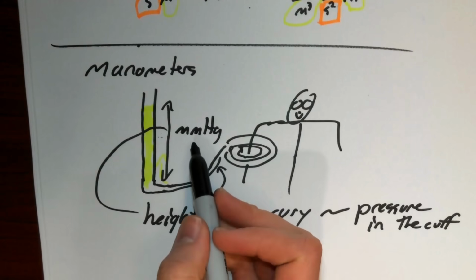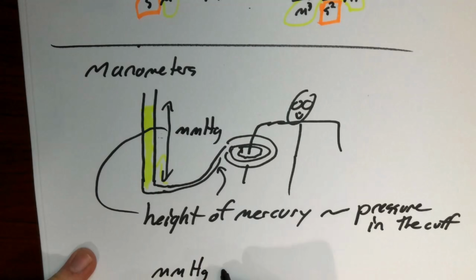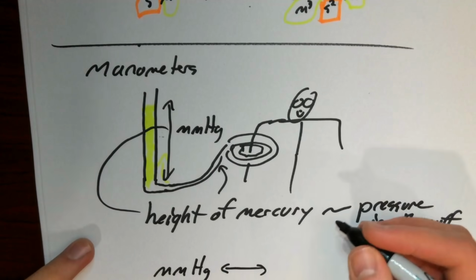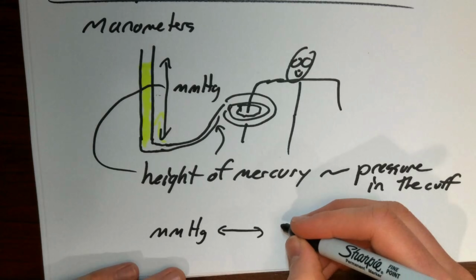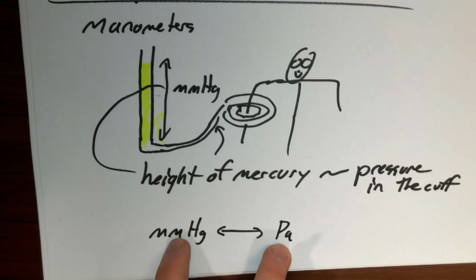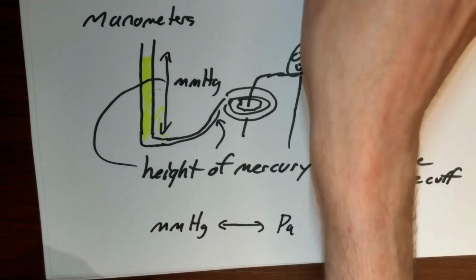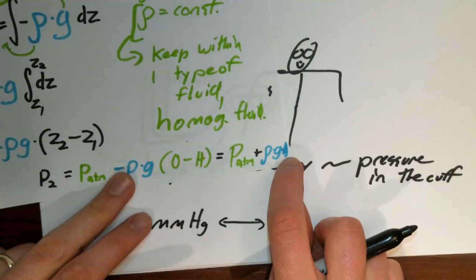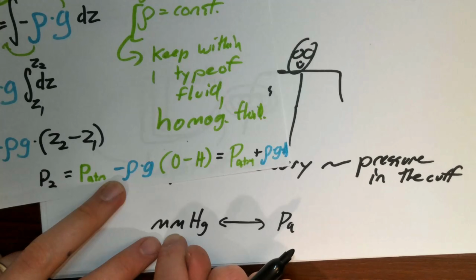And if you want to go between millimeters of mercury and pressure in real units, i.e. pascals, you can convert by this idea of rho gh, where h would be the height of the column of mercury in millimeters.